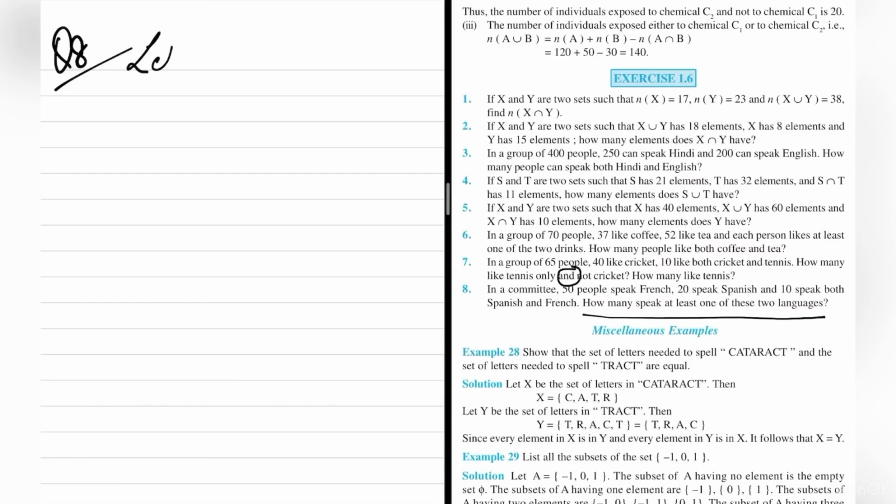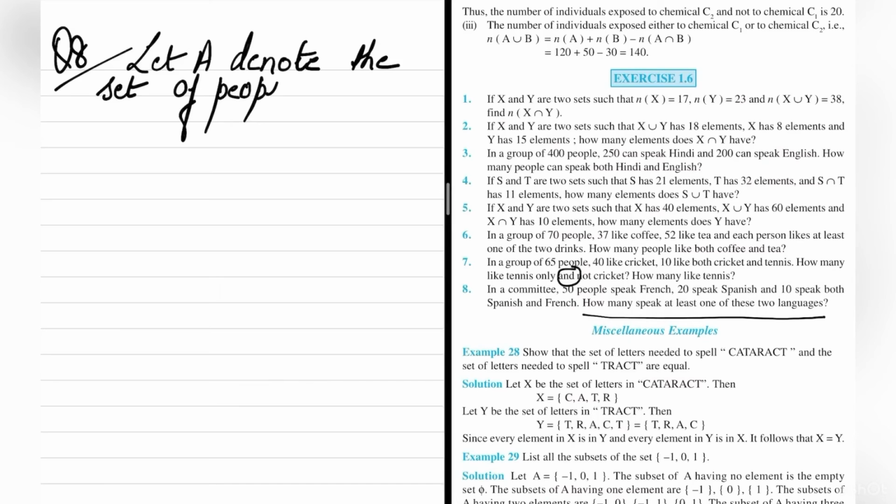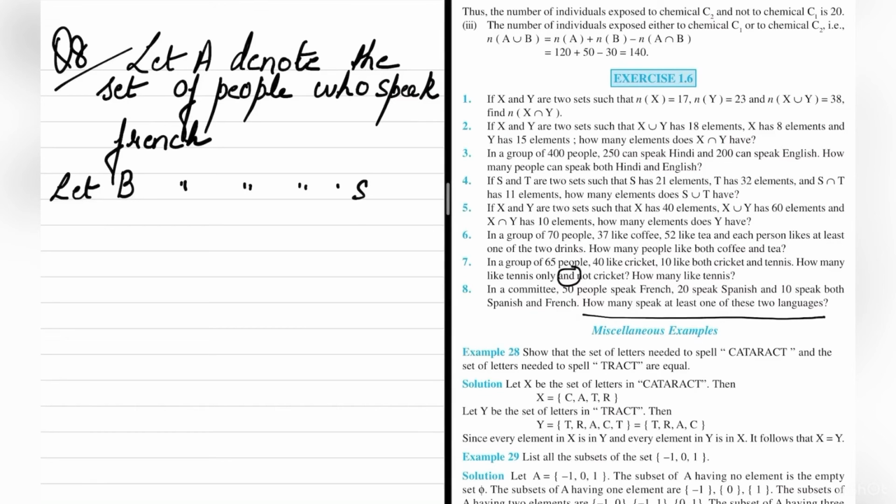Let A denote the set of people who speak French, and let B denote the set of people who speak Spanish.